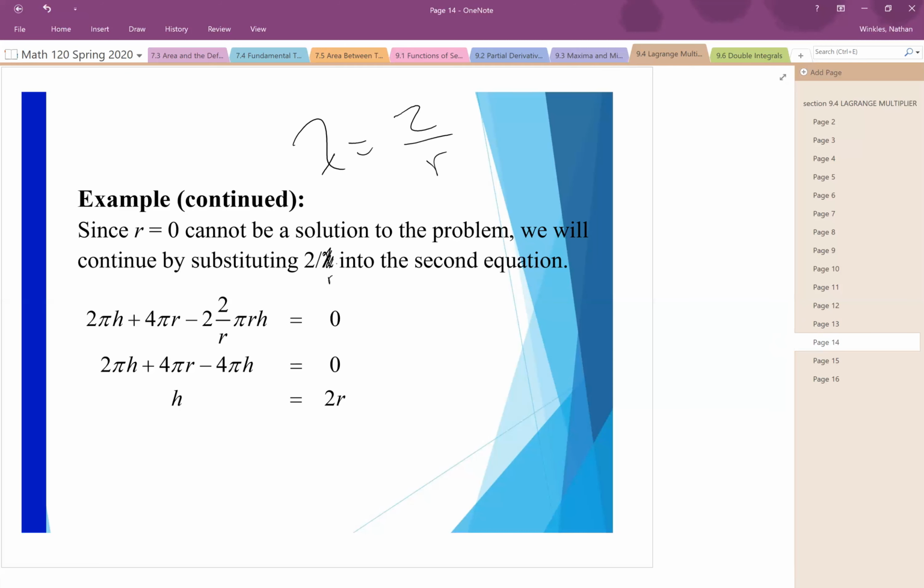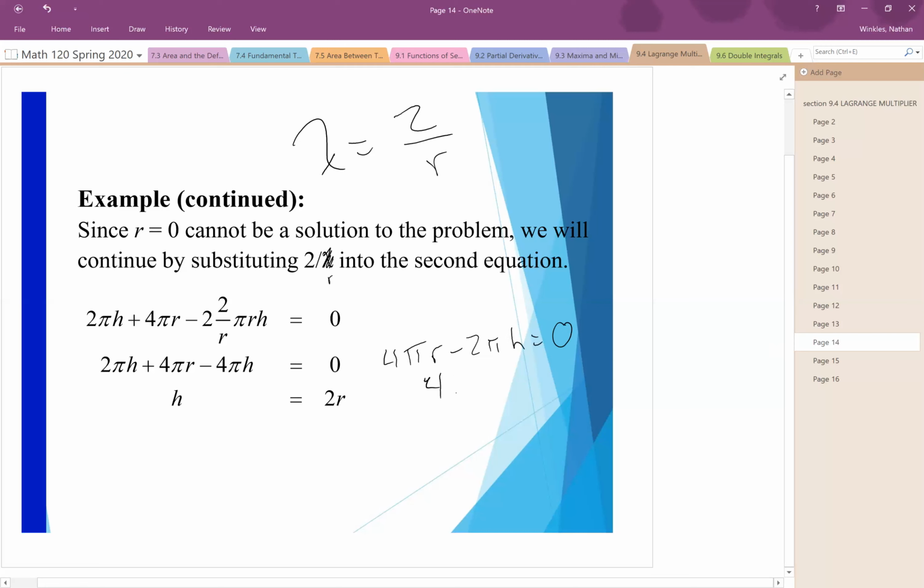So when we substitute that in for lambda, we get 2 pi h plus 4 pi r minus 2 times 2 over r times pi h. The r's will cancel out there. So we're left with 2 pi h plus 4 pi r minus 4 pi h. So by doing some math, this would give us 4 pi r minus 2 pi h equals 0.